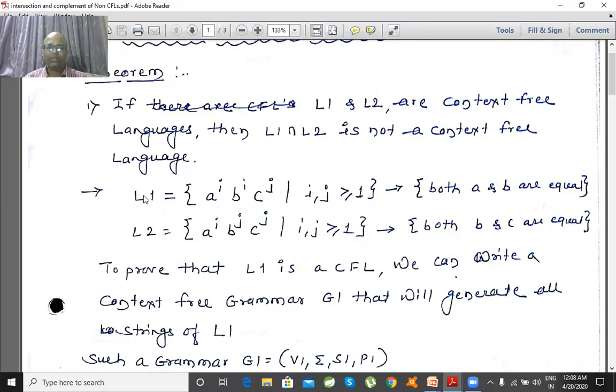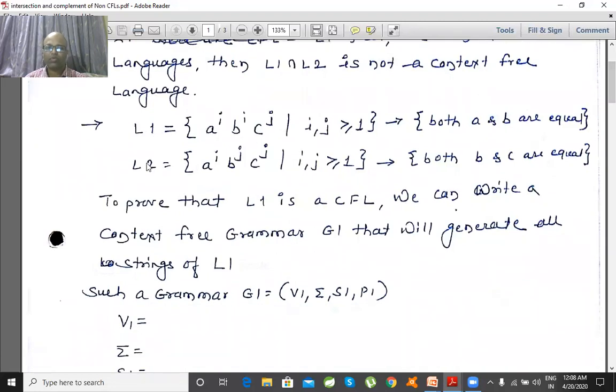Given, L1 is a context-free language and L2 is also a context-free language. If we take the intersection of these, we're trying to prove that the resulting language is not context-free. Let's first see what L1 is.